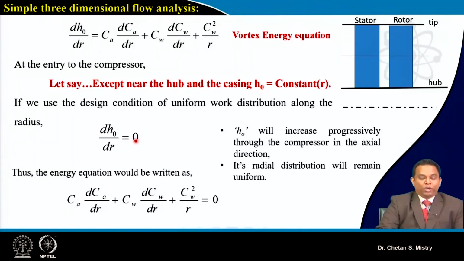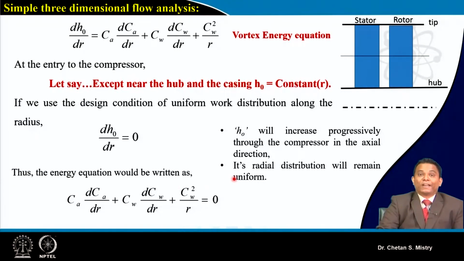Then my energy equation will be reduced to the form Ca dCa by dr plus Cw dCw by dr plus Cw square by r equal to 0.